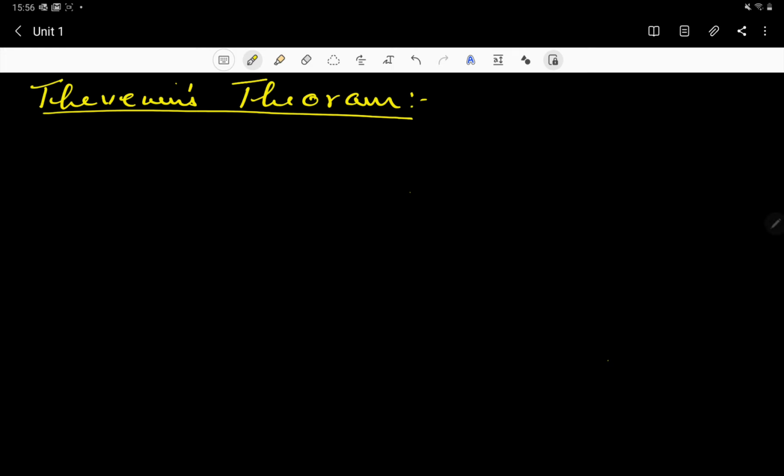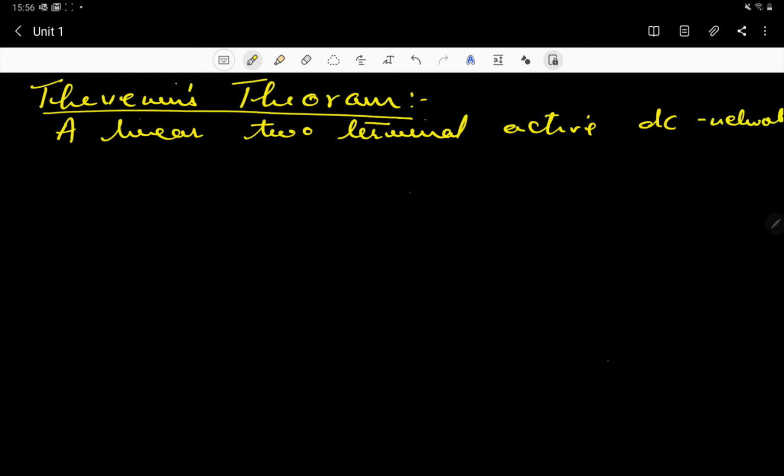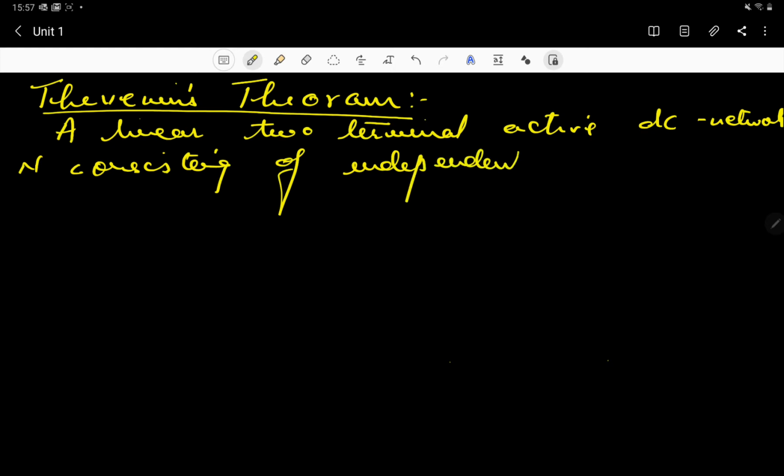So what we do, I am just going to write this theorem. A linear two terminal active DC network consisting of independent and or dependent voltage and current sources.